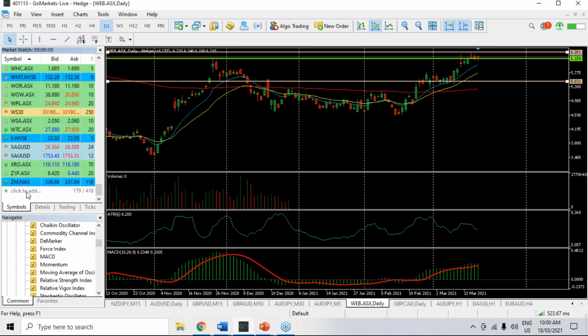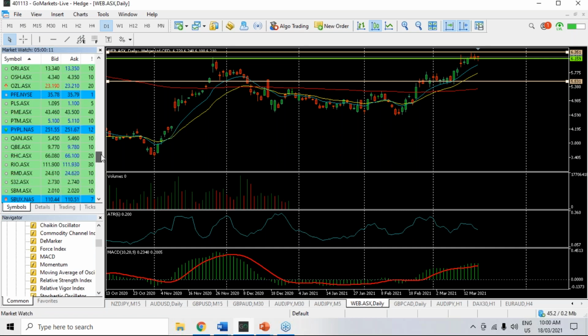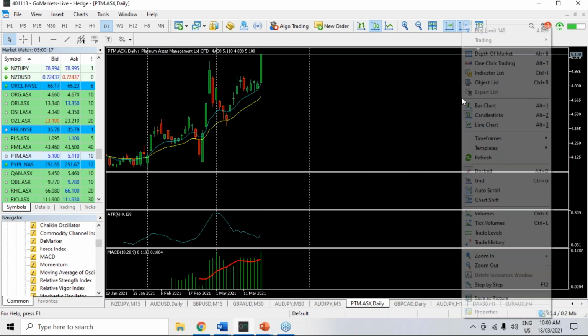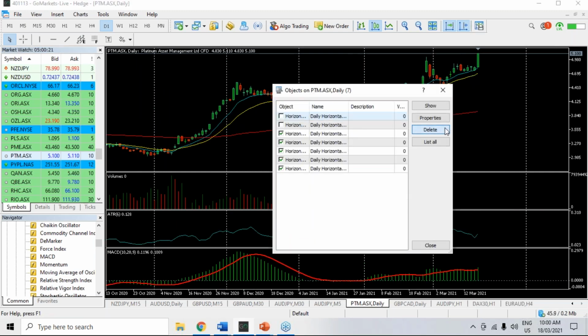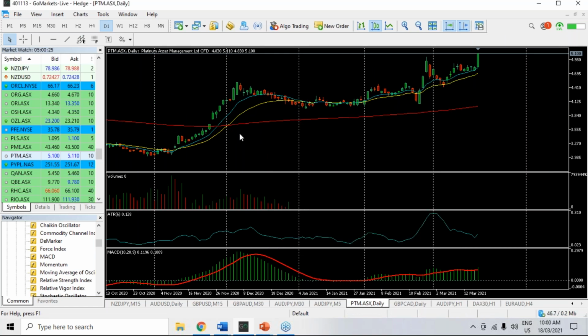PTM. Platinum Asset Management. Not one I'm familiar with, but we'll pop it on anyway. We're just going to get rid of some of these lines, I think, that are starting to get a bit out of control. A very nice chart. So essentially, we've had a pullback here.